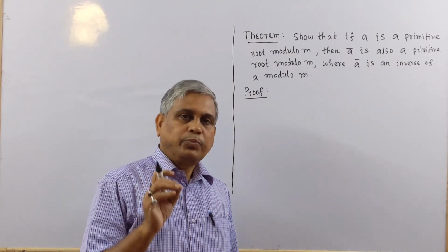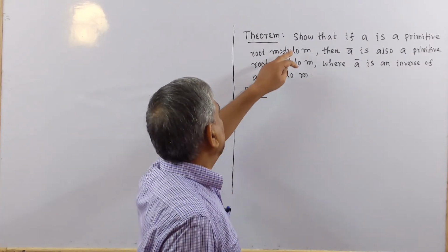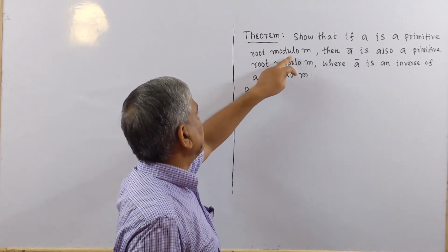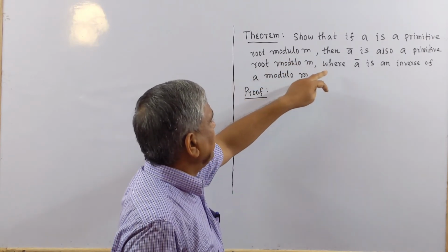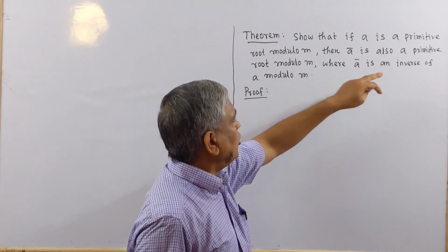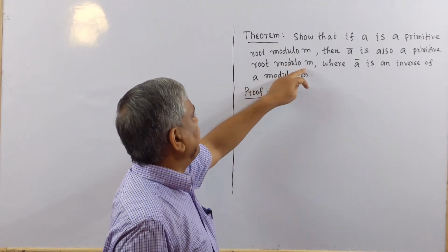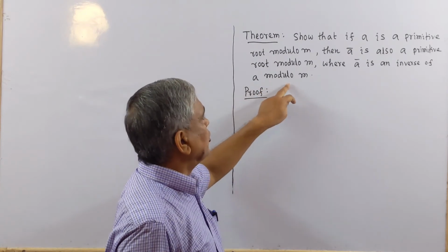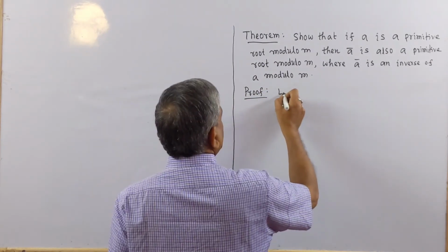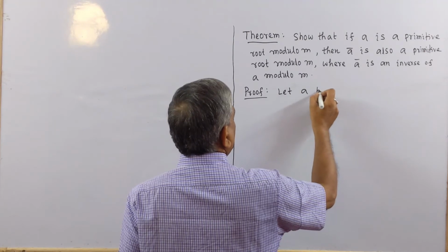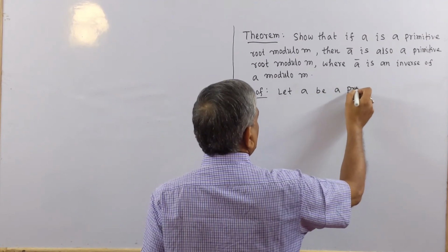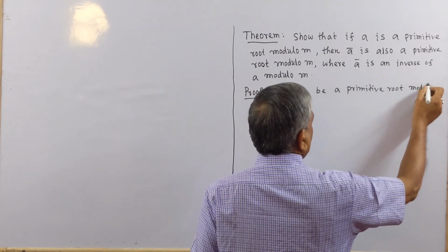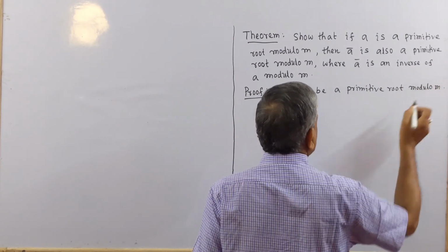Now we prove a theorem. The theorem states that if a is a primitive root modulo m, then a bar is also a primitive root modulo m, where a bar is an inverse of a modulo m. Let a be a primitive root modulo m.